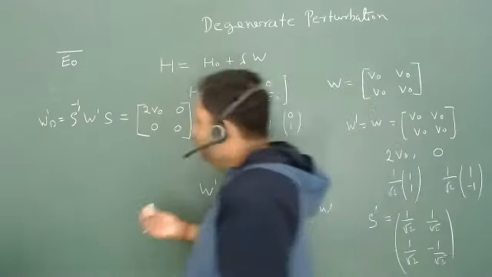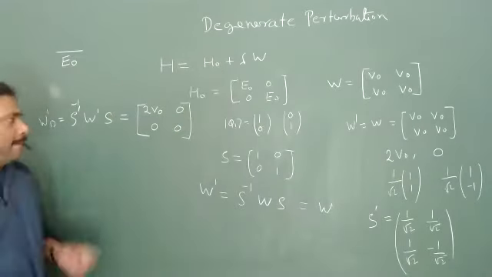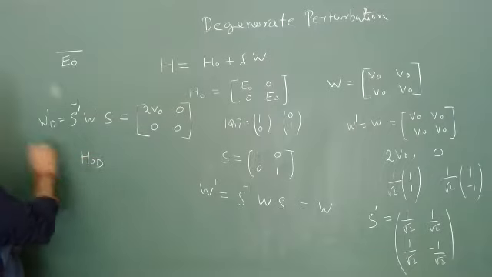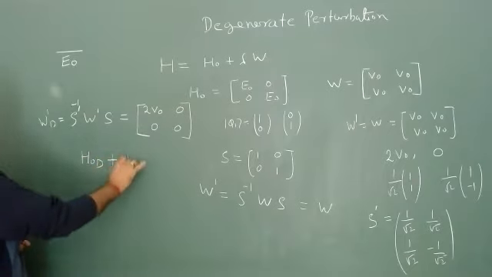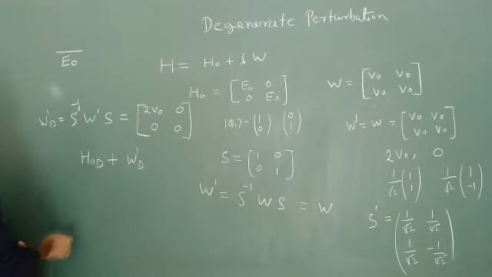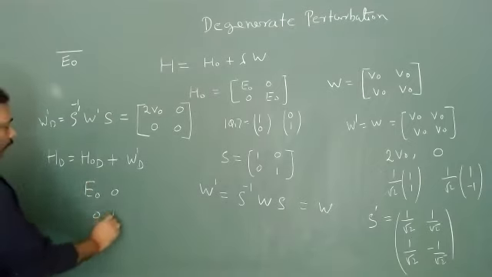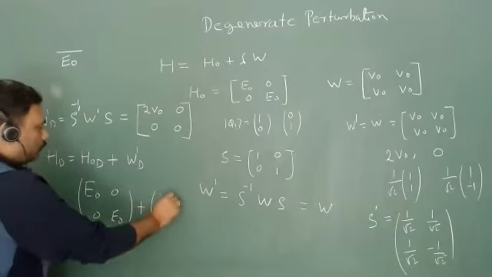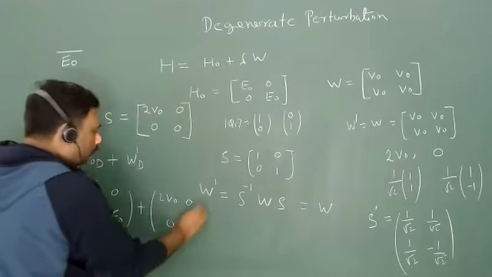Then what we have is H naught in a diagonalized form. I deliberately write H naught as a diagonalized form and W dash as a diagonalized form. Then my H is also in a diagonalized form, and it will be very easy for us to calculate the eigenvalue. This value is equal to 2V naught, 0, 0, 0.